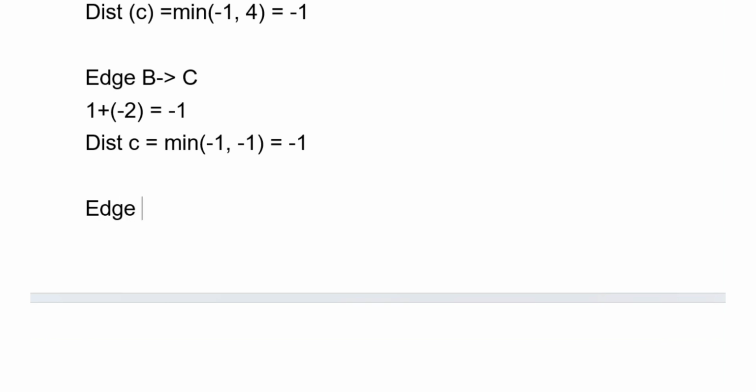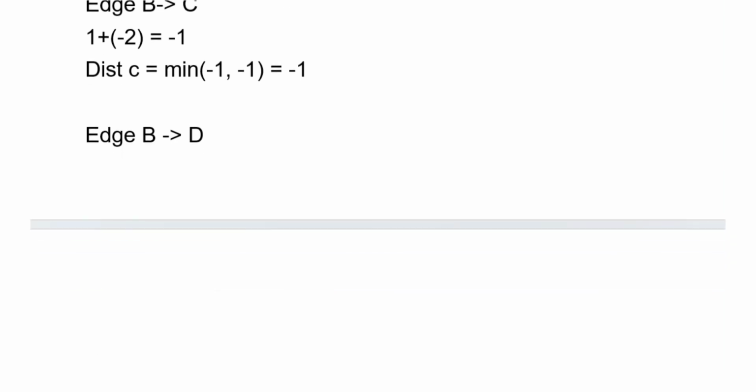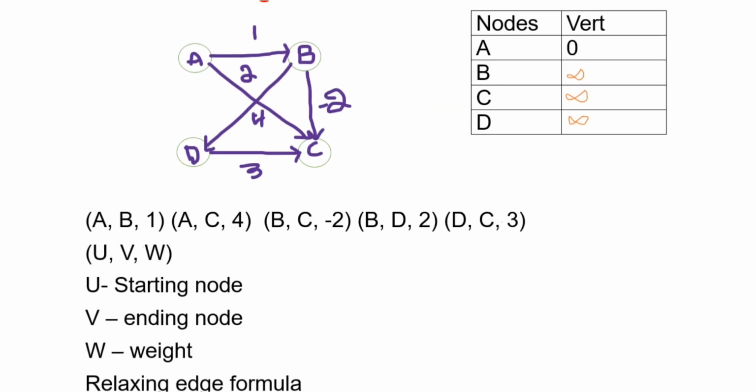So what we need to do is calculate the minimum distance. Distance of D is equal to the minimum of 3 comma 3. It is 3. There is no update because the distance remains 3. It is already the minimum, so no need to change.